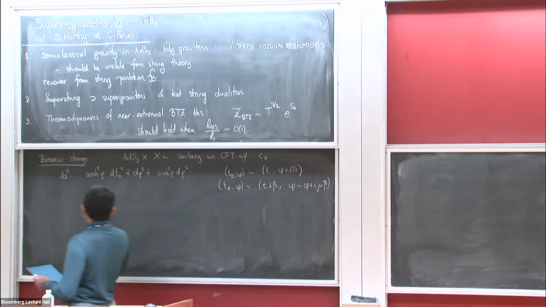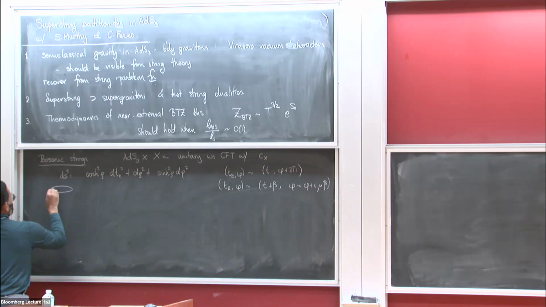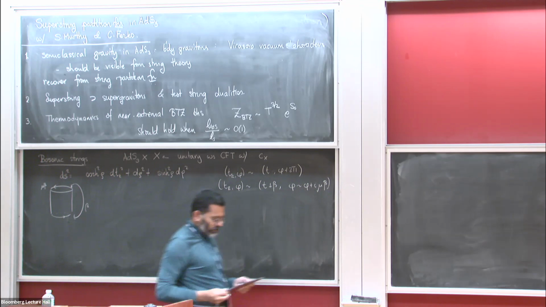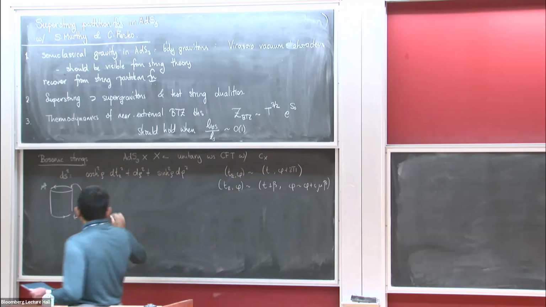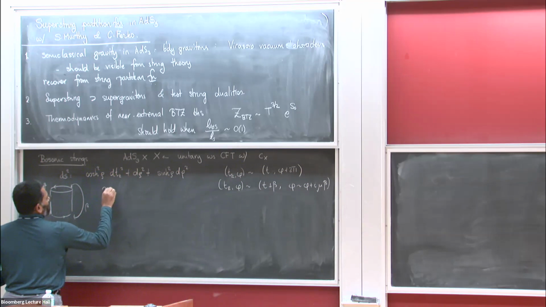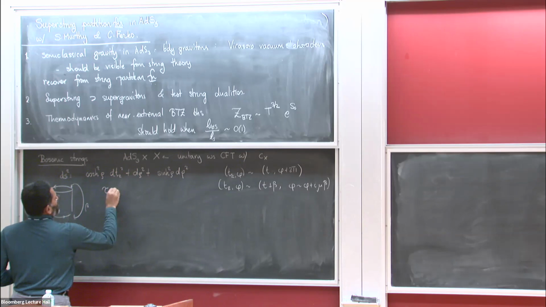So that what I have here is the usual cylinder with a periodic identification and a twist by mu beta. Okay, so the boundary of this geometry is a 2-torus, and that 2-torus modular parameter I will call tau.